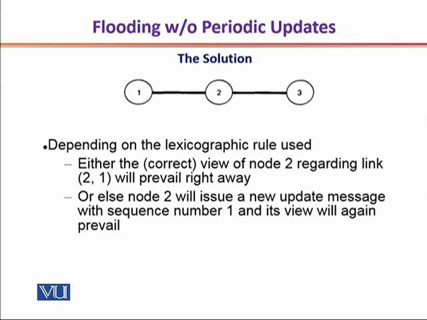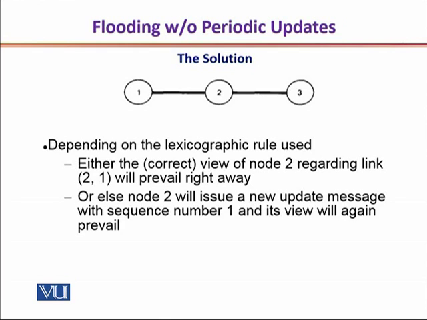How do we figure out the solution? The solution is to use some kind of lexicographical or lexicon kind of rule. Lexicon rule means that A comes before B, B comes before C. So we can define some kind of precedence between the routing updates. Now, if you look at this situation, when 3 sends its update to 2, 3 has a higher sequence number, so 3 would take the precedence.